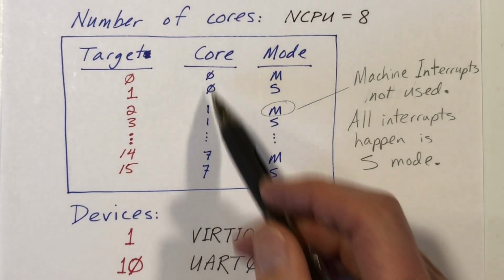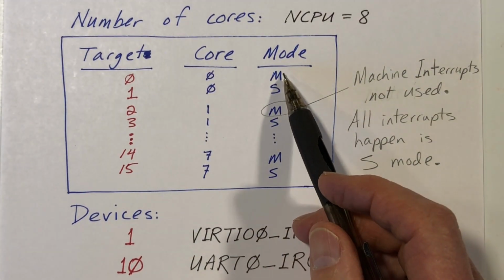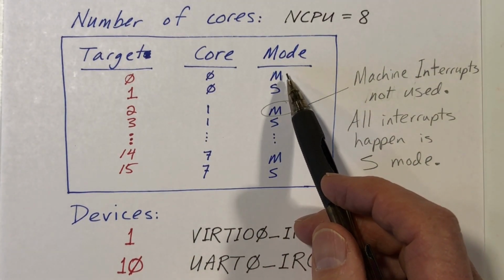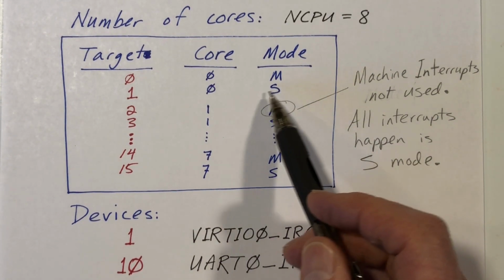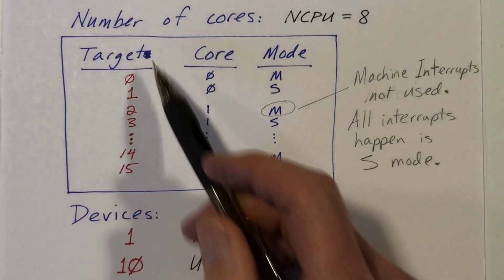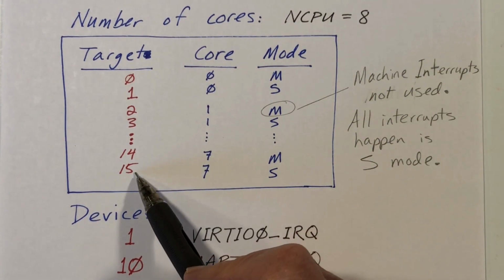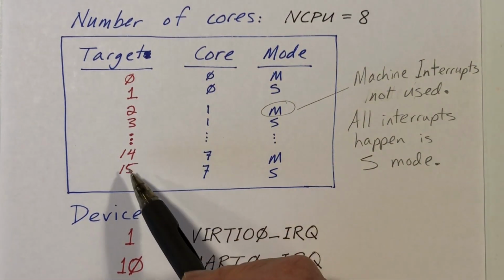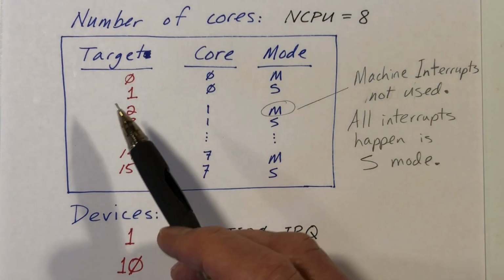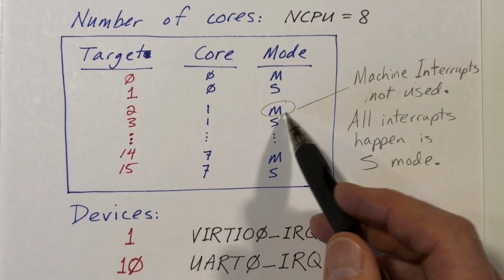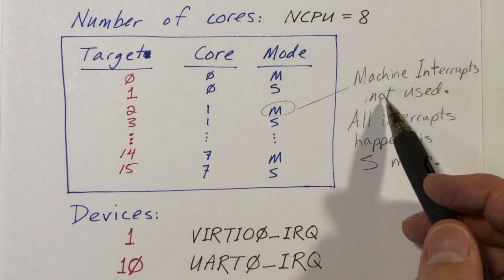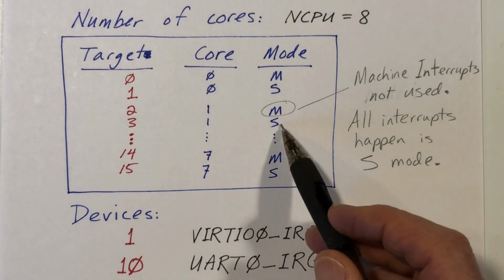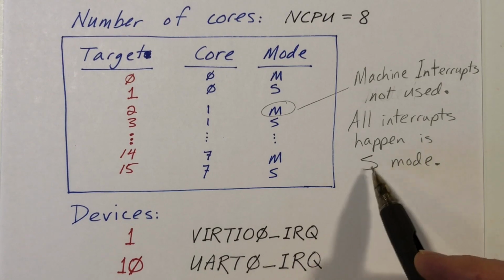So we have 8 cores, and QEMU is only going to be able to send the interrupts to machine mode or supervisor mode. And so with 2 different modes and 8 cores, we have 16 different targets, and they are numbered as shown here. In our implementation of xv6, we are not going to use machine interrupts at all. All the interrupts will happen in supervisor mode.